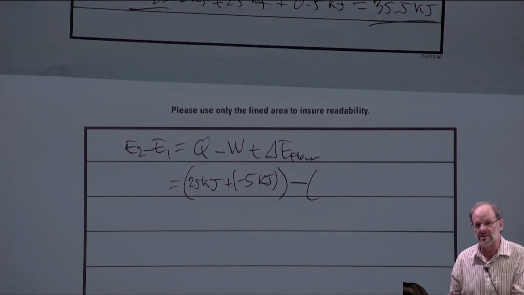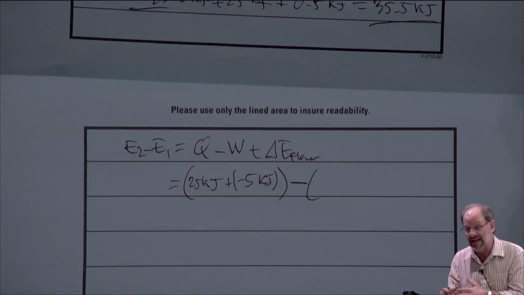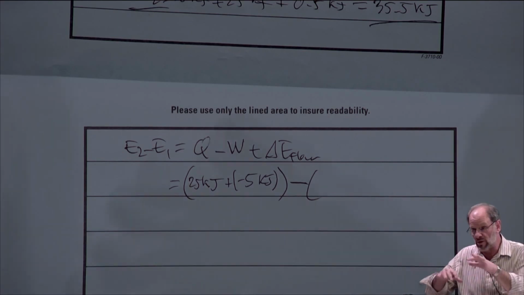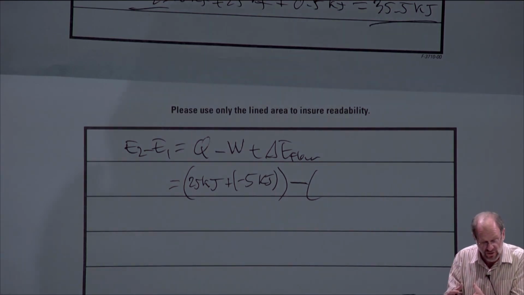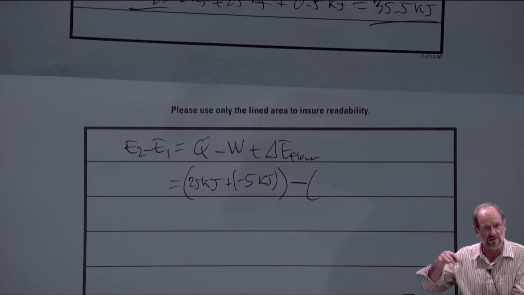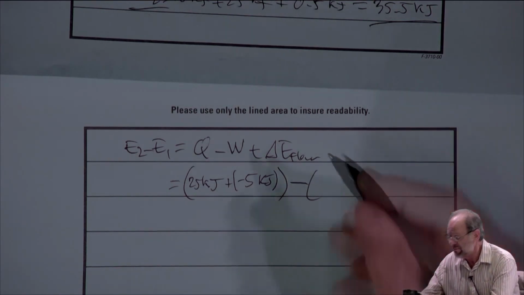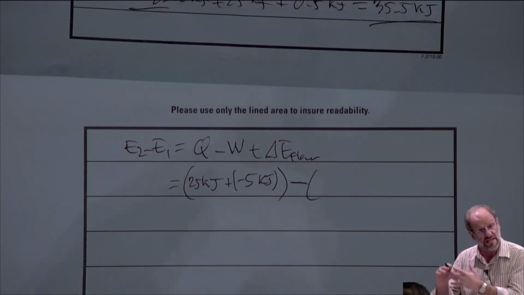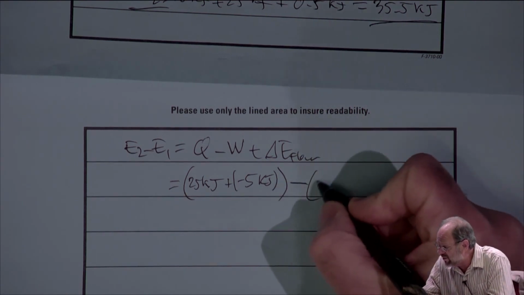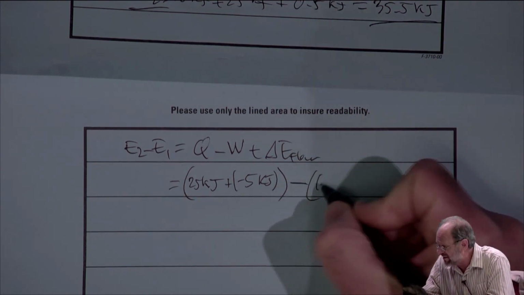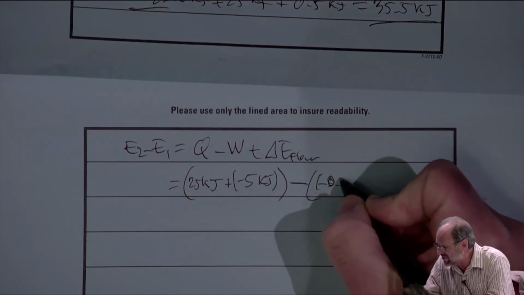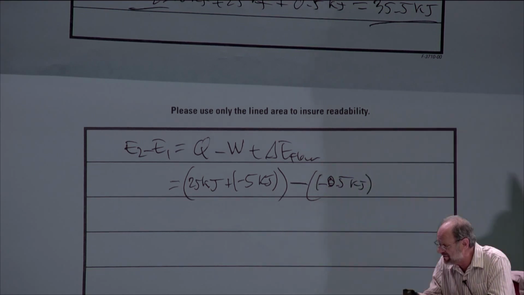Work is being added to the system, which makes it a negative work, right? Not work done by the system, but work done to the system. We already saw that was equivalent to 0.5 kilojoules. But since it's being added to, it's a negative number. So we have a minus 0.5 kilojoules.